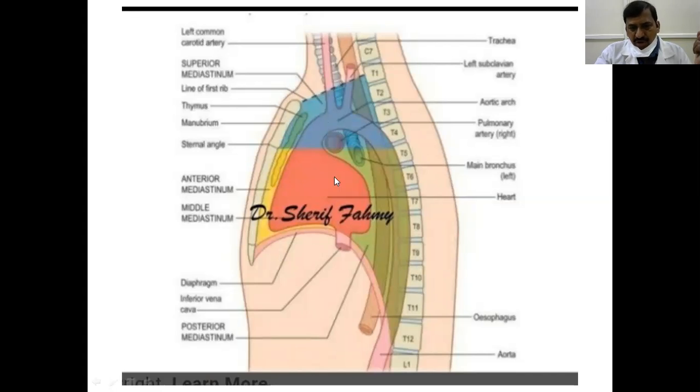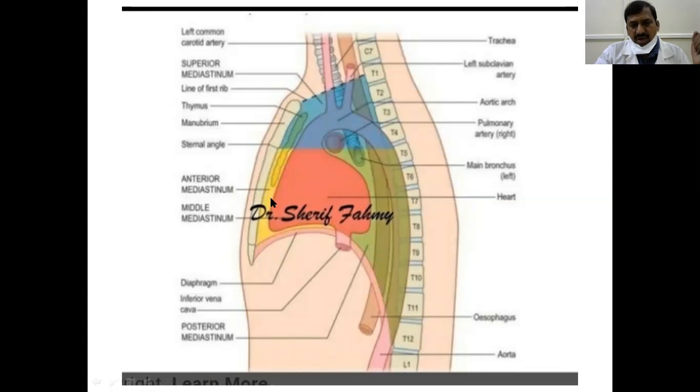And below the imaginary plane, this total space is called the inferior mediastinum. For our convenience, we further divide the inferior mediastinum into three parts. The anterior one is just behind the sternum and in front of the fibrous pericardium.